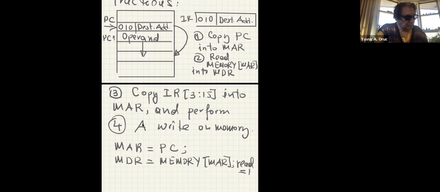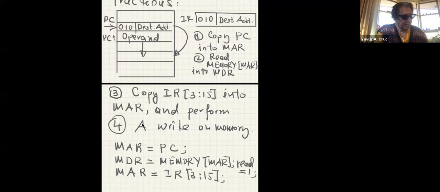And then load MAR with instruction bits 3 through 15.